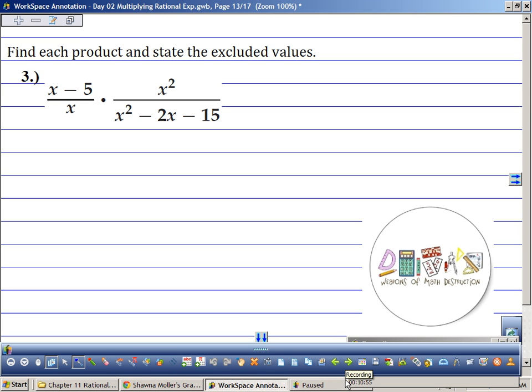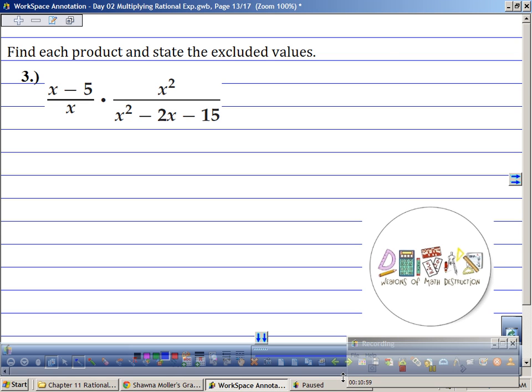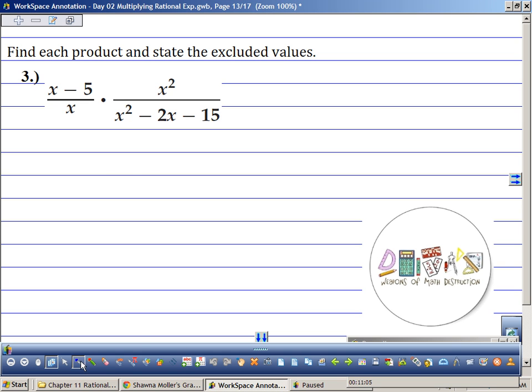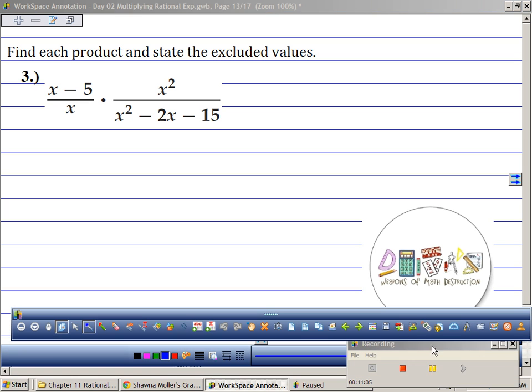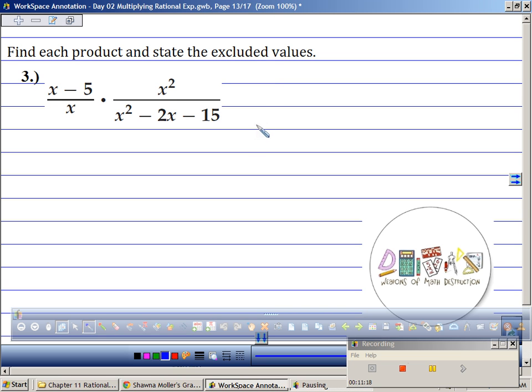A little more difficult. What am I going to have to do? What strategy am I going to take with this one? I'm going to have to factor out the multiply across, aren't I? I'll give you a second to write that column down and then factor it together. Okay, so what strategy do I take? Just like fractions that are multiplied, that are more simple, we're going to multiply straight across, right? So I have x minus 5.